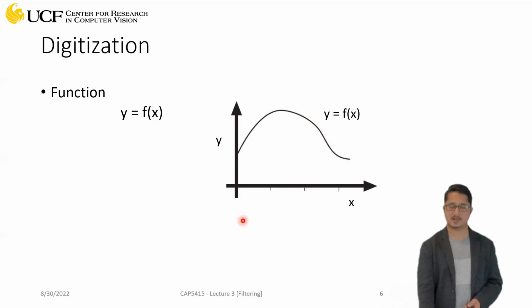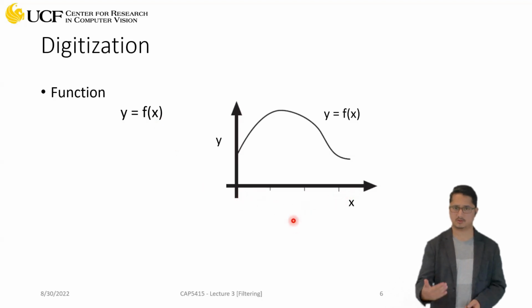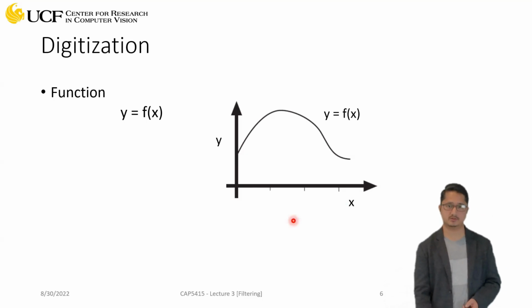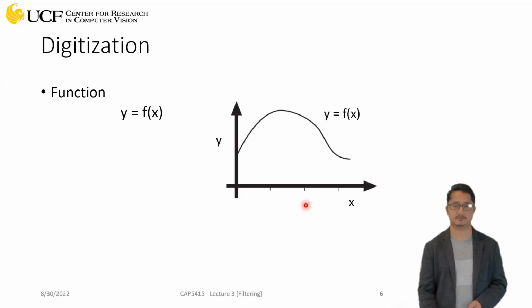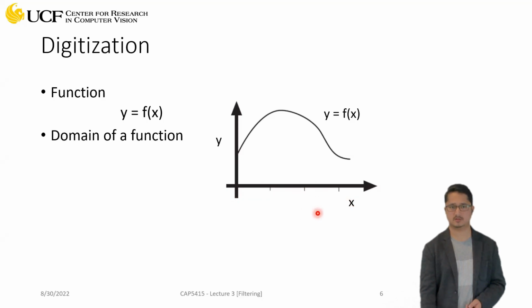So the x over here corresponds to the x-axis, and this is called the domain of this function. Domain means on what values this function will operate. So this function will take values starting from 0, maybe this is 1, 2, 3, 4. So this is called the domain of the function. And the output of the function, which is represented by y, that's called the range of the function. And in this case, the y-axis represents that range.